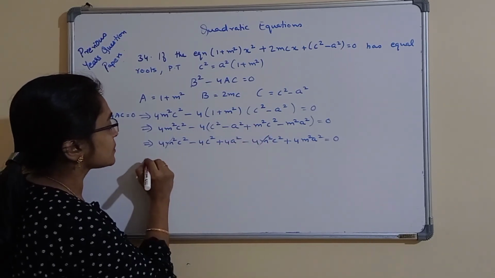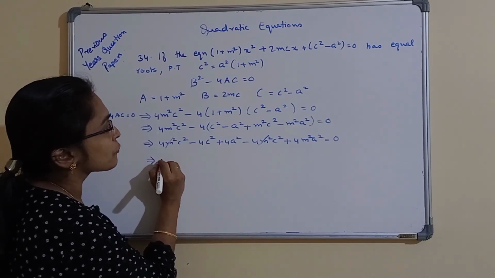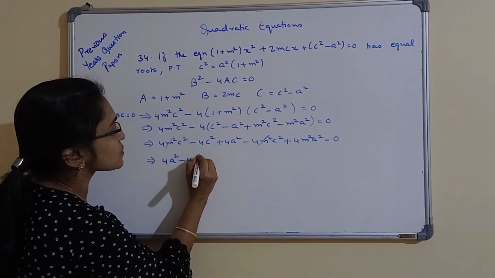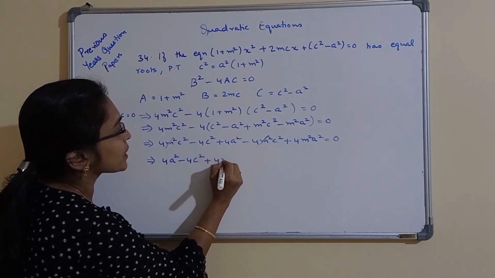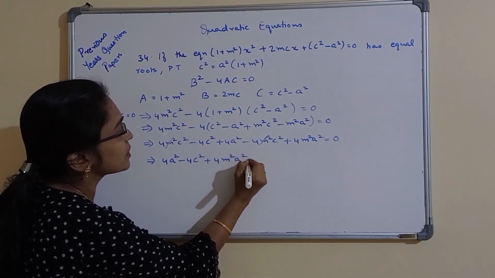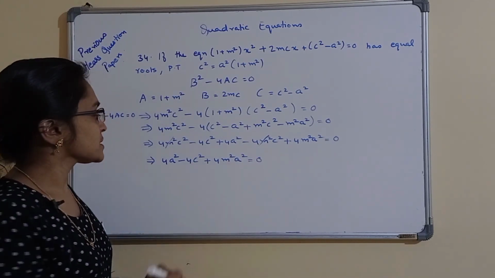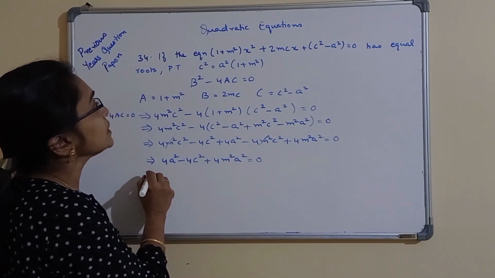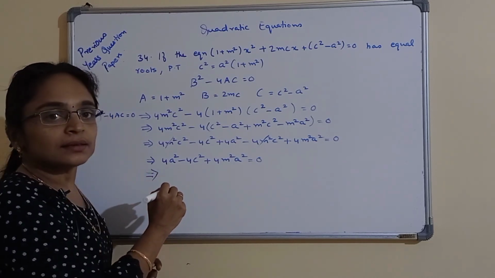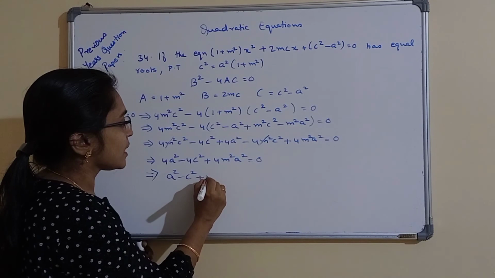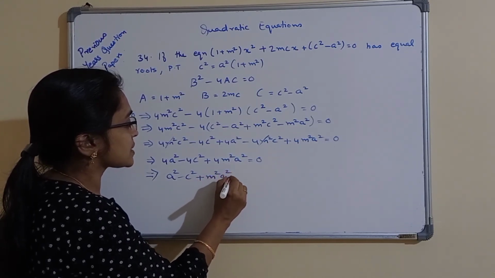Here we got, this implies 4a square minus 4c square plus 4m square a square is equal to 0. Now in all these terms 4 is there. So we can divide this by 4. We will get a square minus c square plus m square a square is equal to 0.